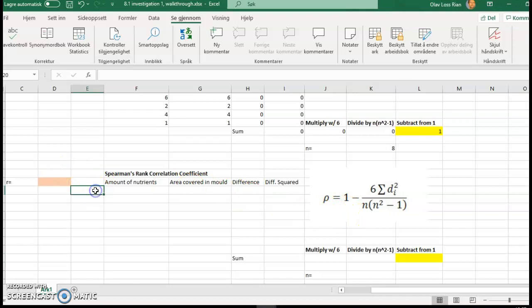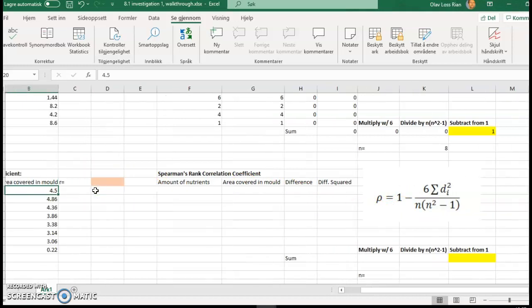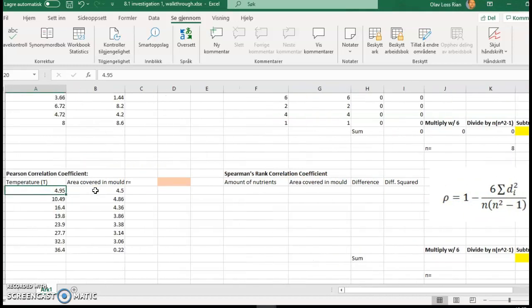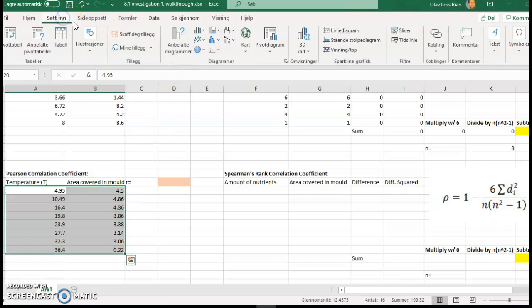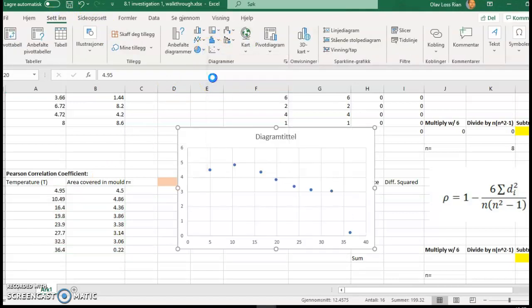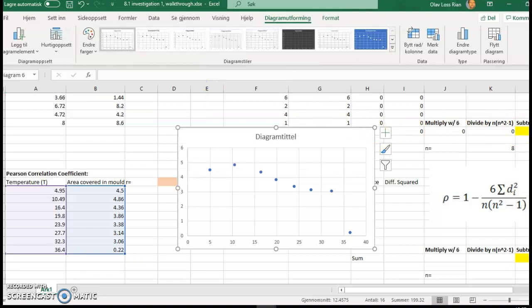So for our second example, it's going to look a little different. We have these data here, and we can also represent that in a diagram. So we'll put in a scatter graph like this.